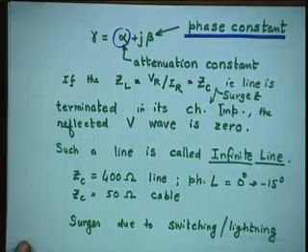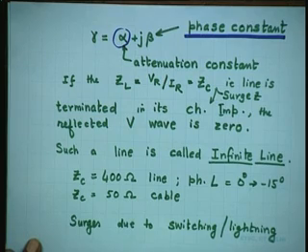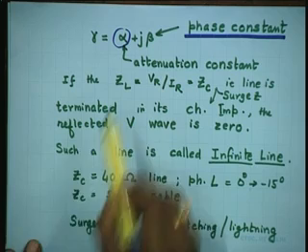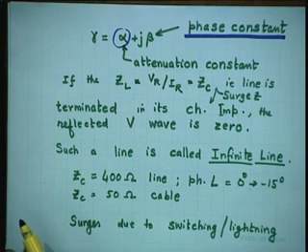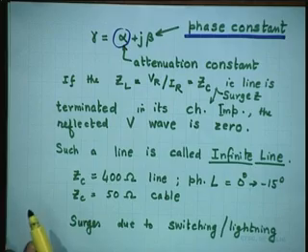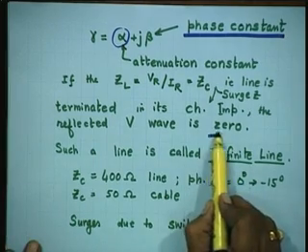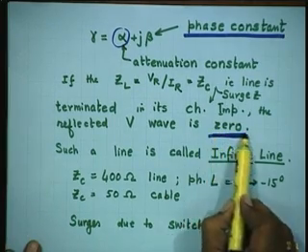Now, if the load impedance is exactly equal to the characteristic impedance or surge impedance, then if the line is terminated in that load impedance, the reflected voltage wave is 0. This is a very important property.